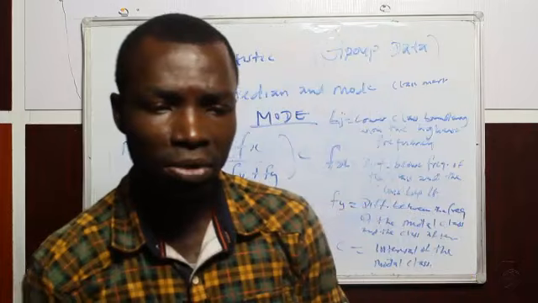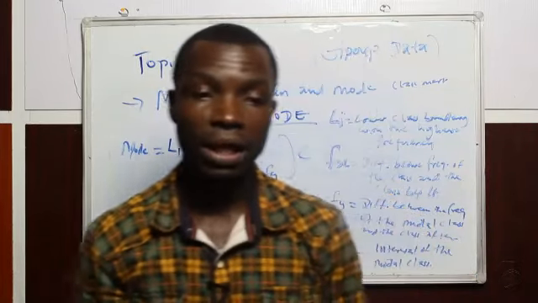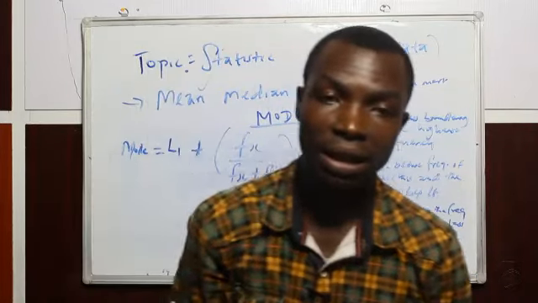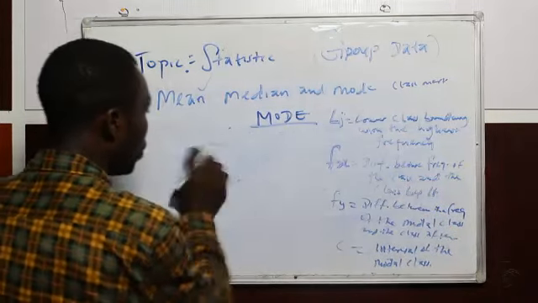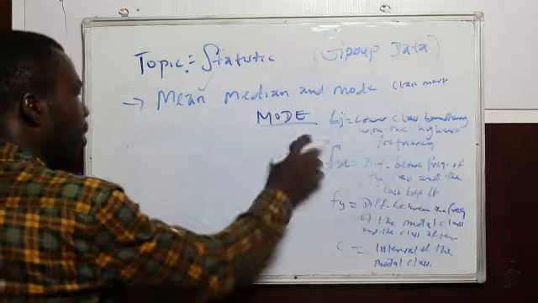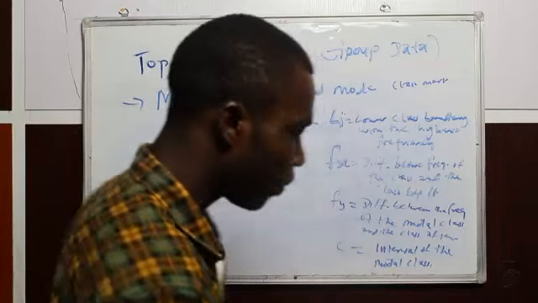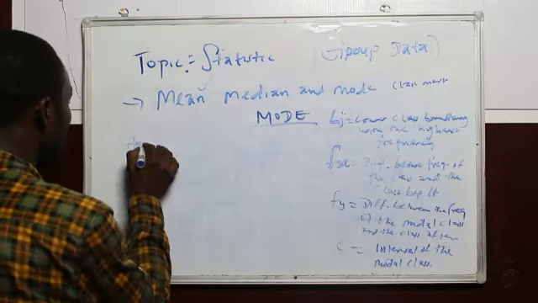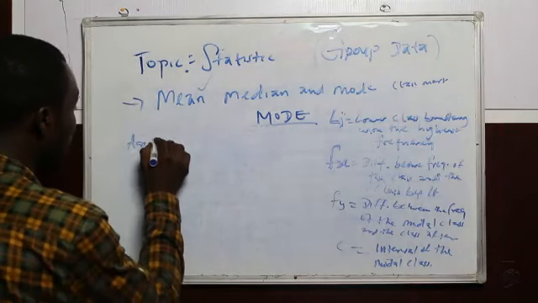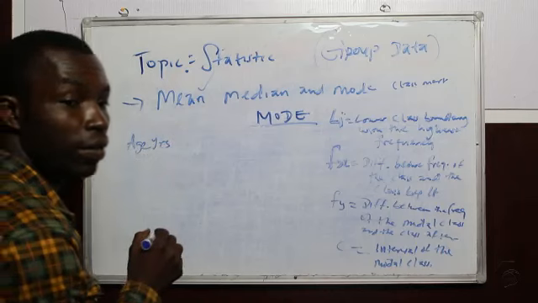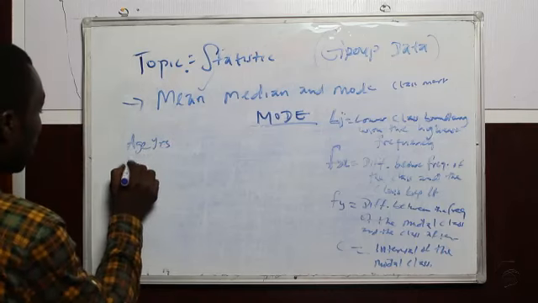Consider the frequency distribution of the ages of 50 men in a data collection of a country, which is as follows. Consider this example. The table below will show it. We have the age, which is in years, and the numbers of men.